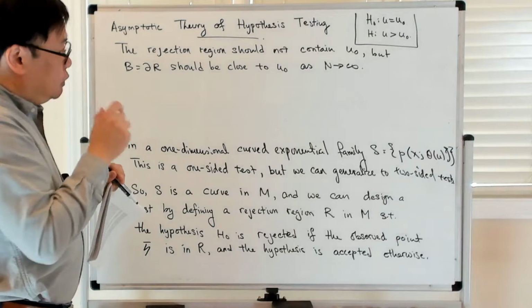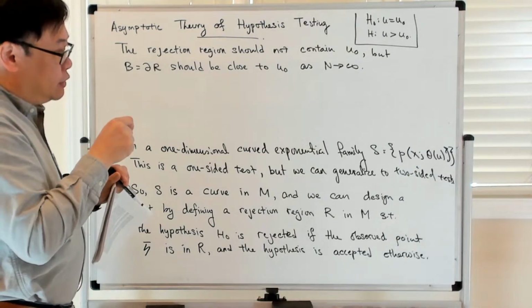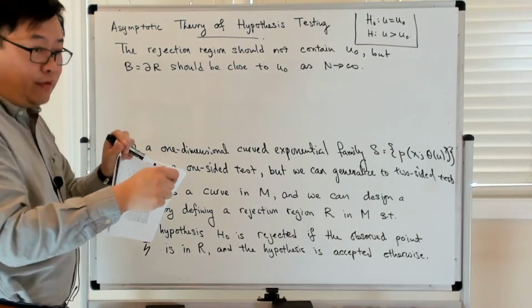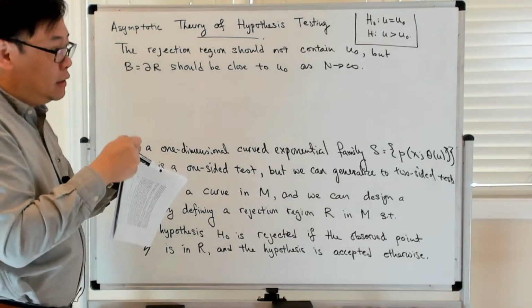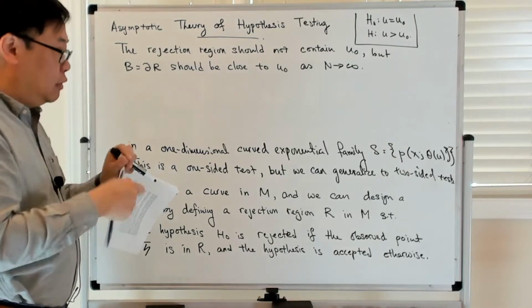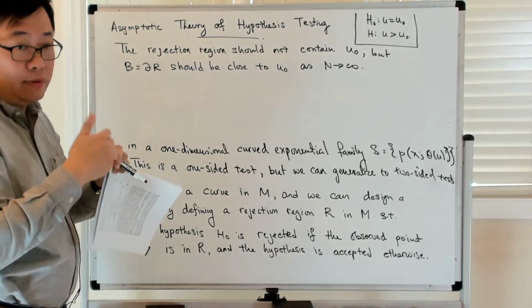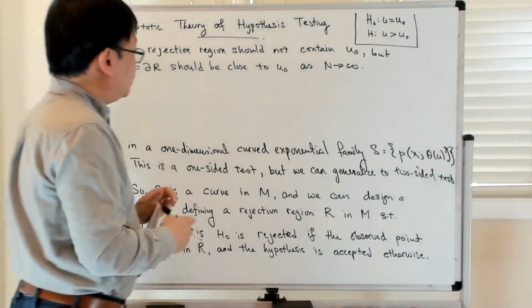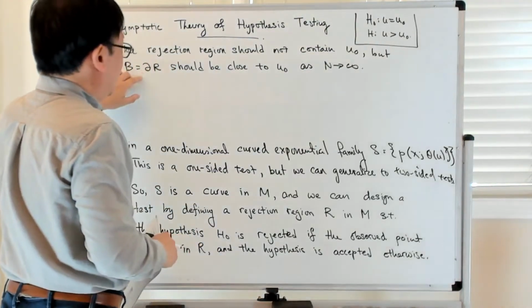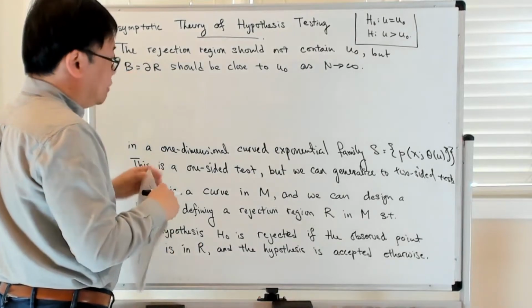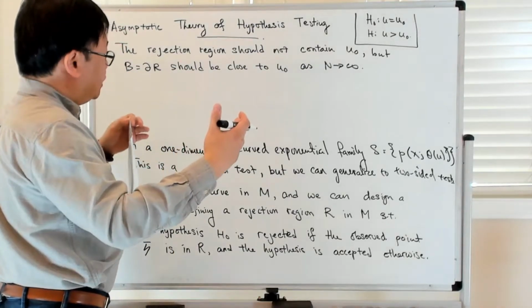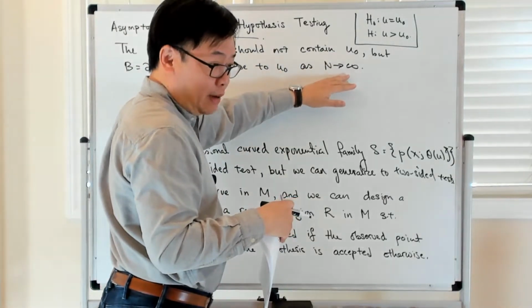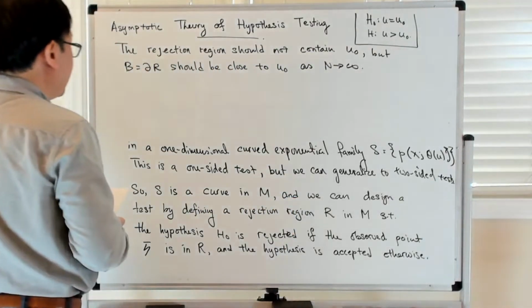So as n goes to infinity, if the observed value is far away from U0, the likelihood that the actual value is U0 becomes smaller and smaller because of this concentration of the measure about U0. This is the reason why the boundary of the rejection region should get closer and closer to U0 as the number of samples goes to infinity.